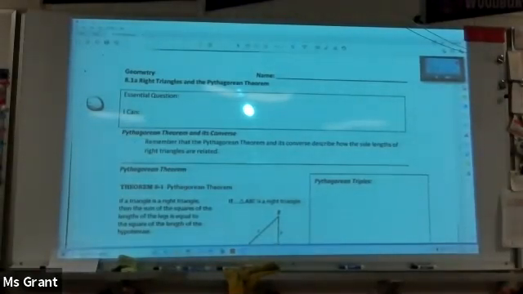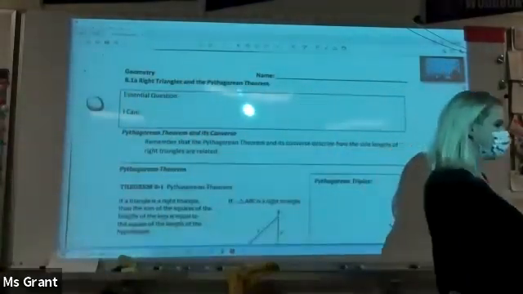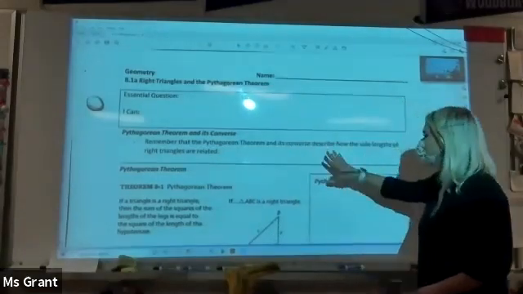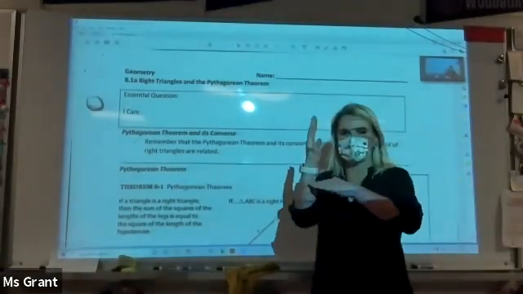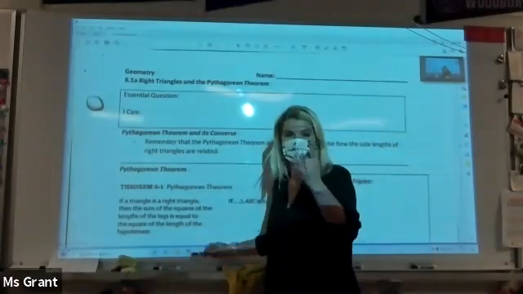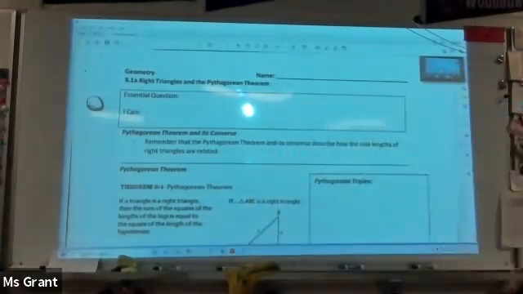Pythagorean theorem. Our goal today is to remember that the Pythagorean theorem and its converse describe how side lengths of a right triangle relate to each other. It's all about the two legs and the hypotenuse.